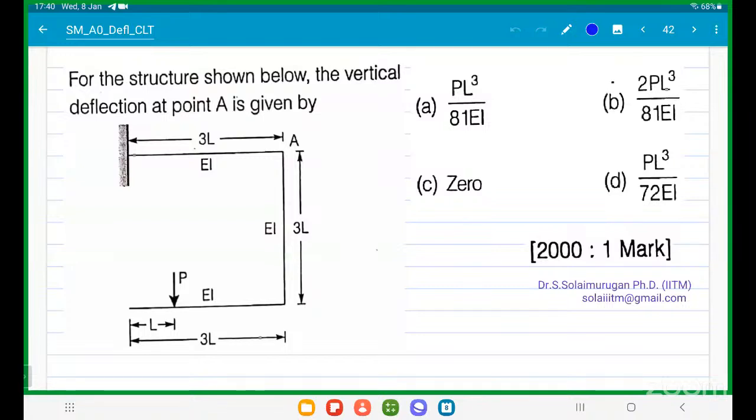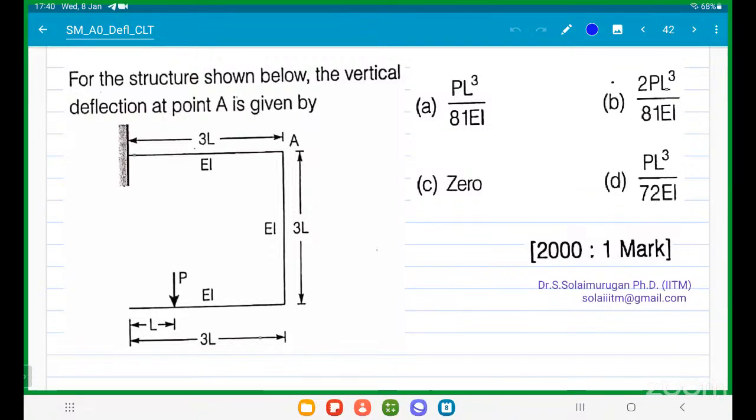Read the question carefully. This is also a GATE question only. Zero, sir. Zero. Standard guess.